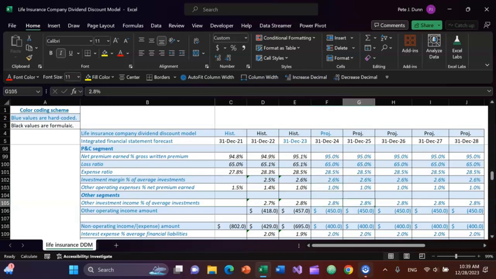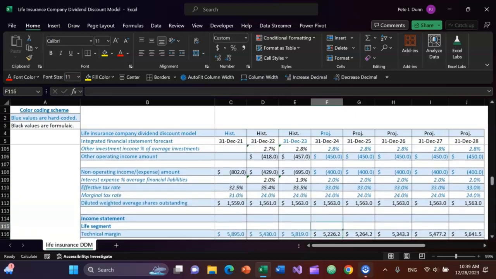Other investment income as a percentage of average investments, I forecast that at 2.8%. Other operating income, I'm hard coding in $450 of loss there. Non-operating expense, similar, I'm hard coding that in.